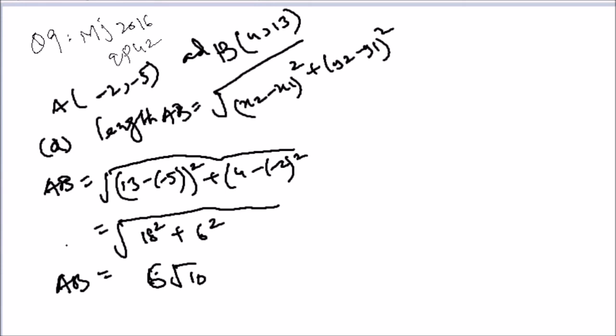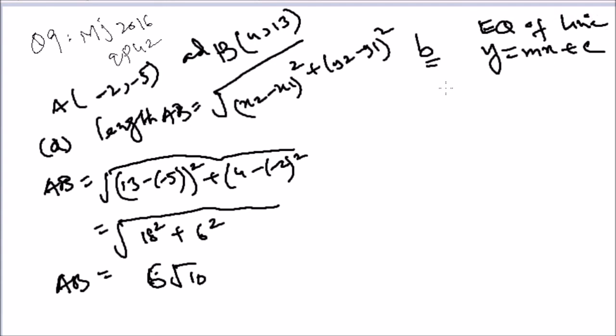Next part is part B. In part B, they say find the equation of the line through A and B and give the answer in y is equal to mx plus c. That is, the equation of the line is required. So first of all we get m. So m is y2 minus y1 over x2 minus x1.